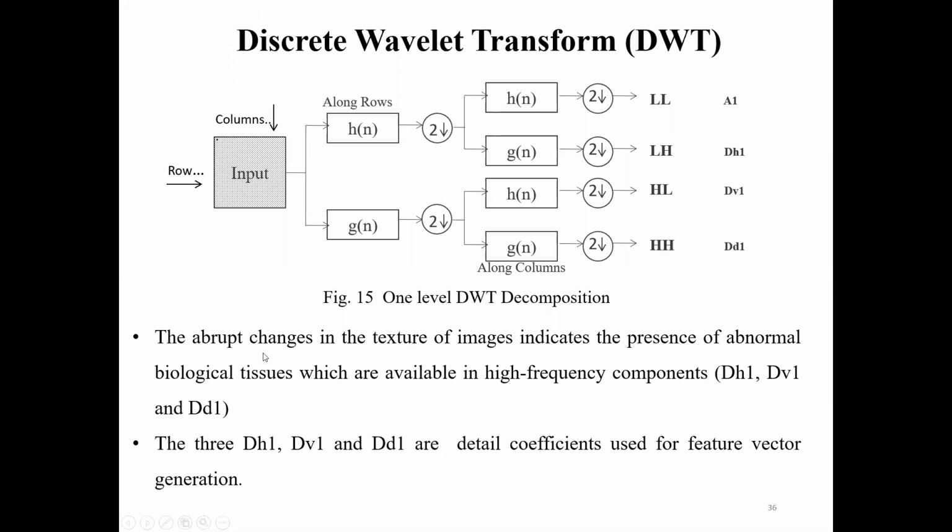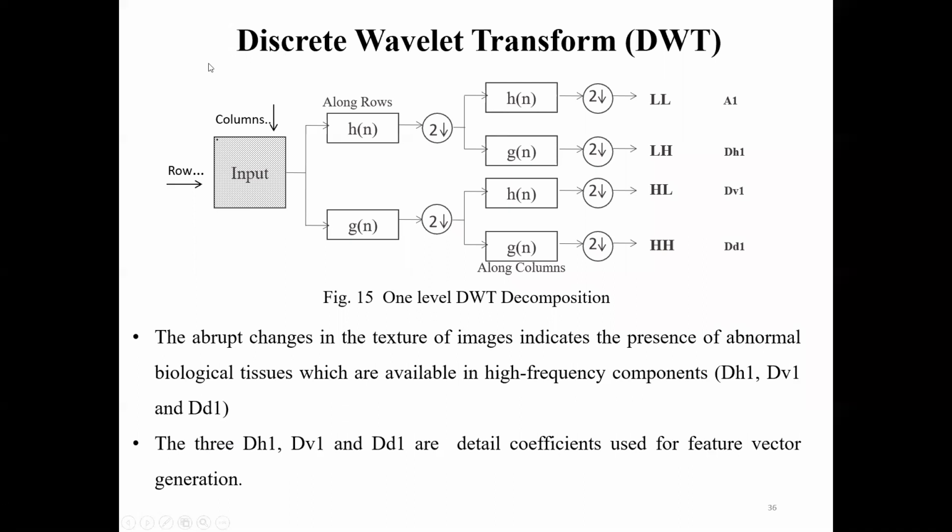The abrupt changes in the texture of the image indicate the presence of abnormal biological tissues, which are available in high frequency components like DH1, DV1 and DD1. DH1, DV1 and DD1 are detailed coefficients used for feature vector generation. So you have analysis and detailed coefficients.